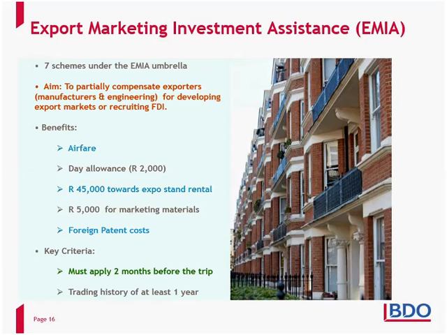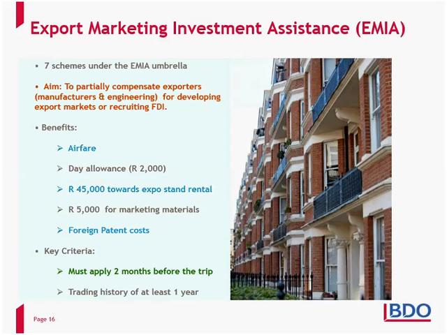The benefits, as mentioned earlier: one representative's airfare would be reimbursed. A day allowance of 2,000 Rand per day will be paid. Up to 45,000 Rand will be paid towards exhibition stand rental. Up to 5,000 Rand will be paid for having marketing materials developed and printed or designed and manufactured.